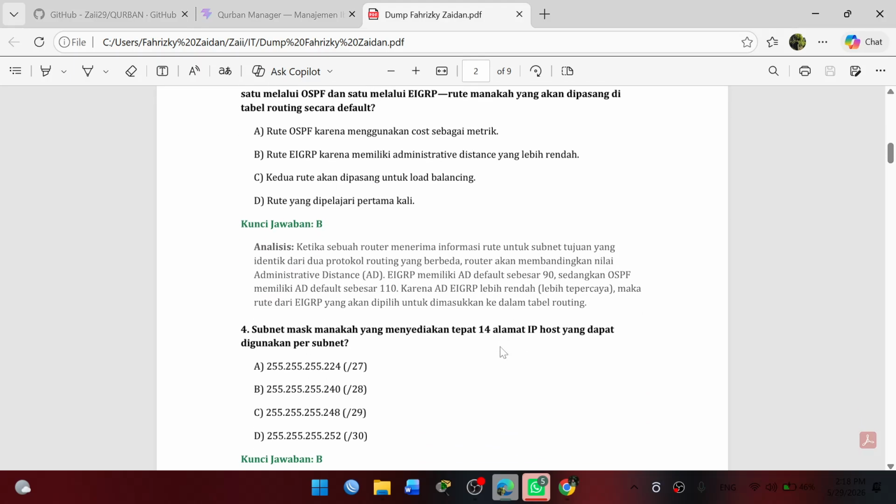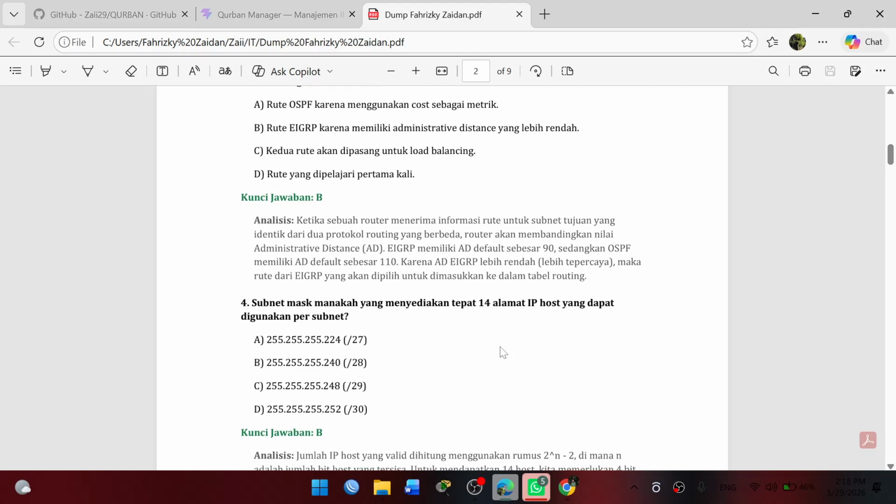Next, number 4. Which subnet mask provides exactly 14 usable host IP addresses per subnet?